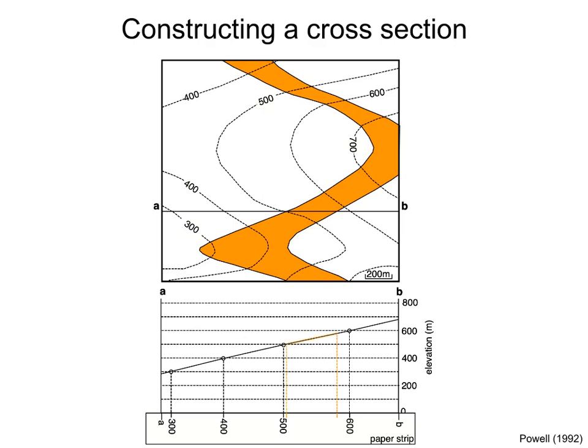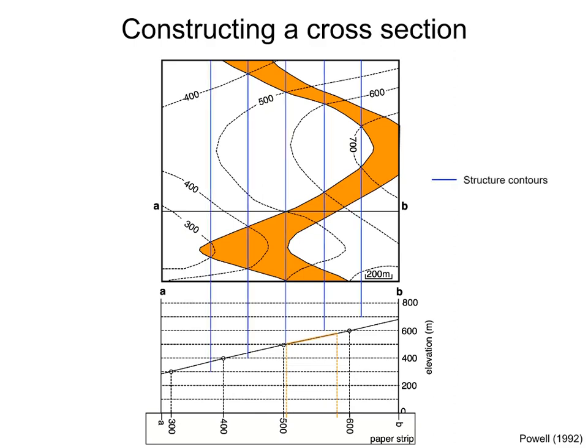We then transfer the geologic contacts to the topographic profile. The orange band along the topographic profile is the outcrop of the sandstone. On the map, we can trace structure contours to one of the contacts. For example, the western contact. These contours intersect the section at the same elevations.